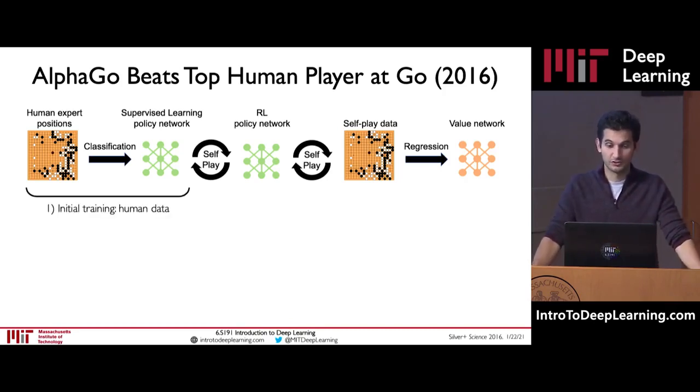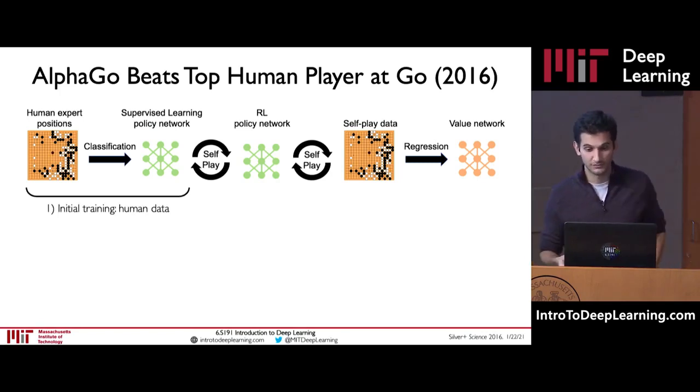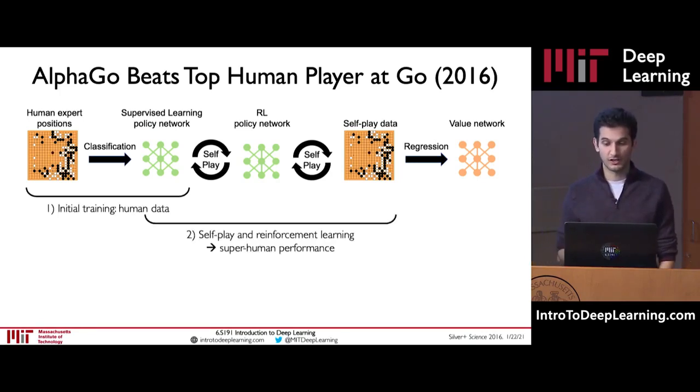First, they trained a neural network to watch human expert Go players and learn how to imitate their behaviors. Then they used pre-trained networks to play against a reinforcement learning policy network, which allowed that policy to go beyond what the human experts had done in the past and achieve what's called superhuman performance.